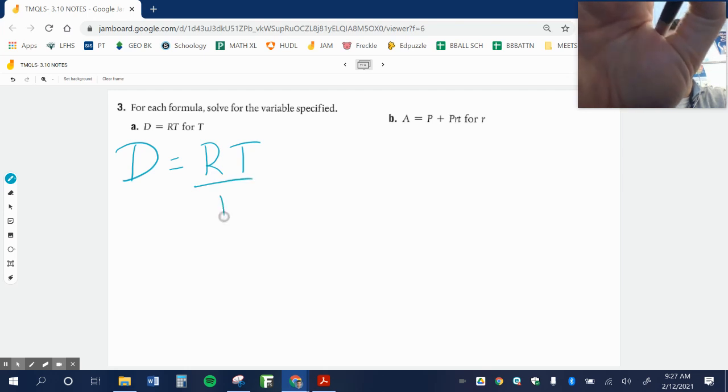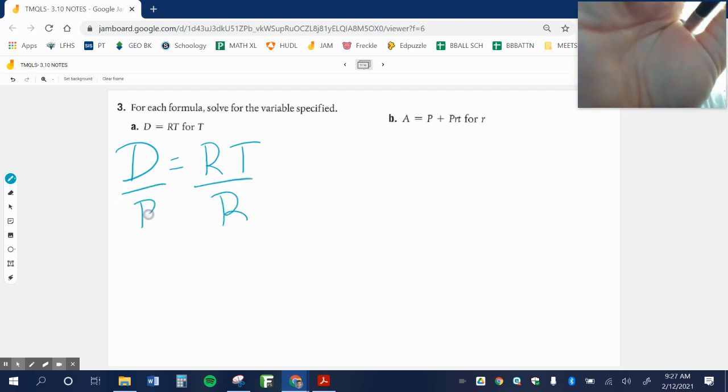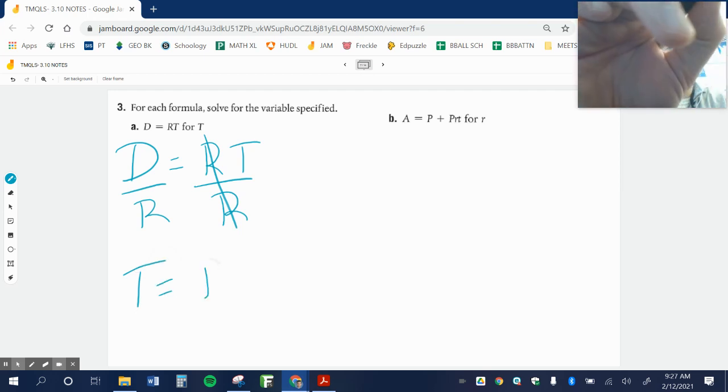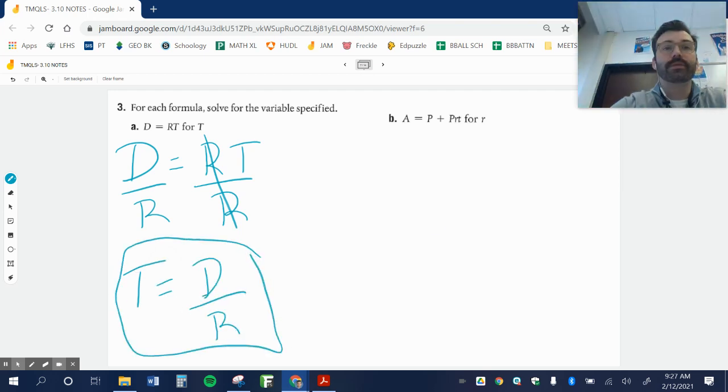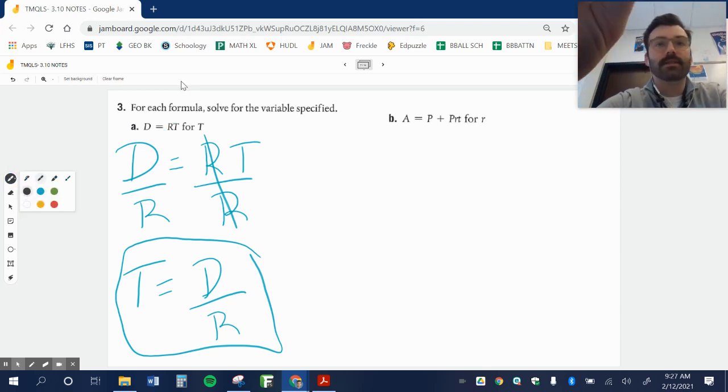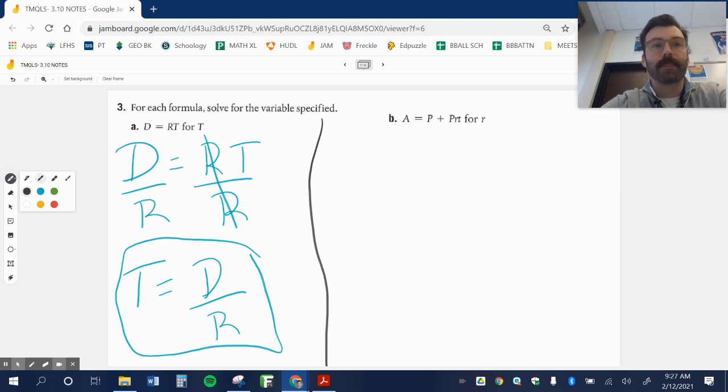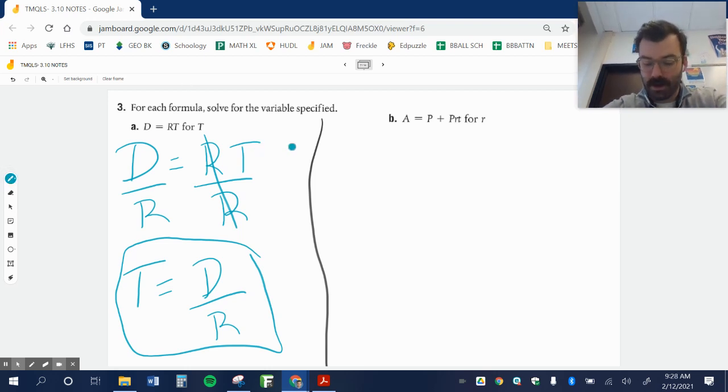I'm going to divide both sides by r. These r's cancel out, and t is equal to d over r. Now, d equals r times t, that's distance equals rate times time. I hope you remember that, but I just wanted to say it.